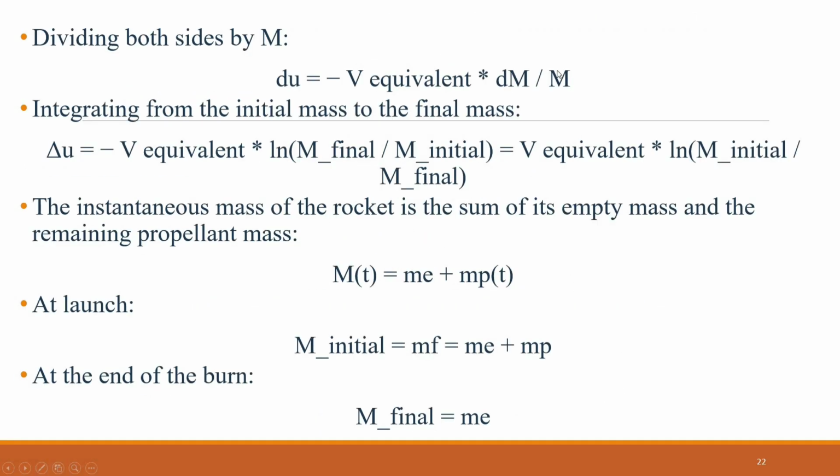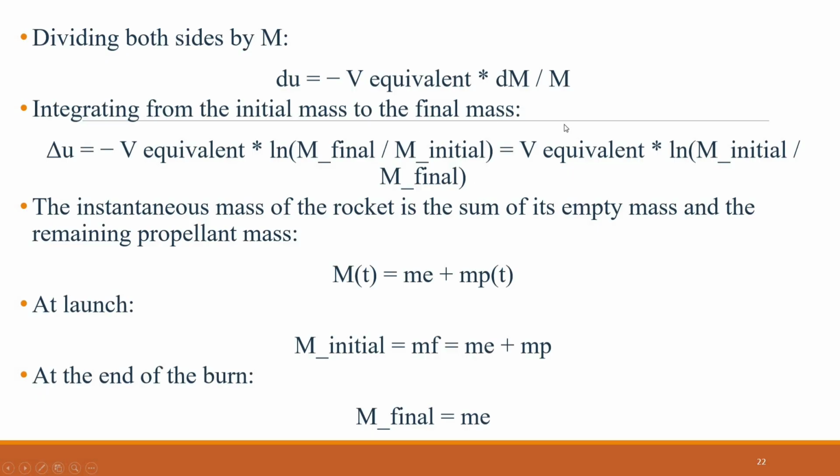Dividing both sides by m: change in velocity equals negative equivalent velocity multiplied by change in mass divided by mass of the rocket. Integrating from the initial mass to the final mass: change in velocity equals equivalent velocity multiplied by natural logarithm of initial mass divided by final mass.